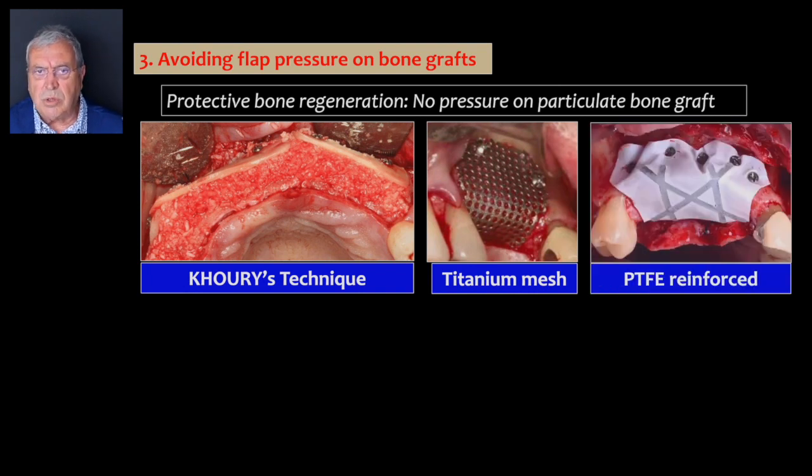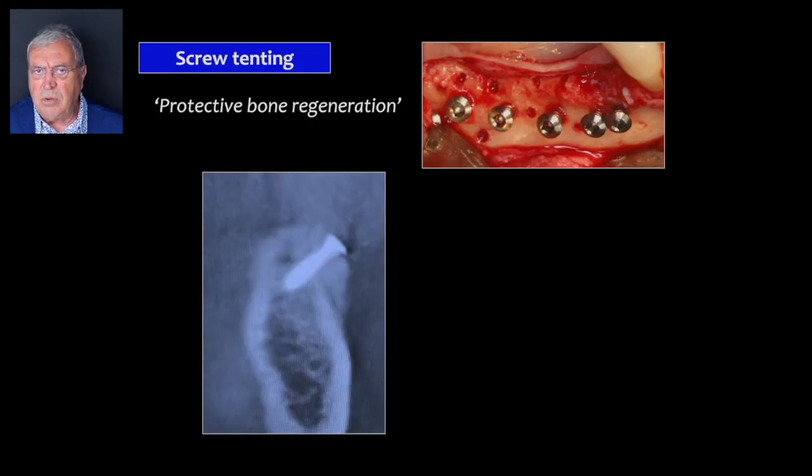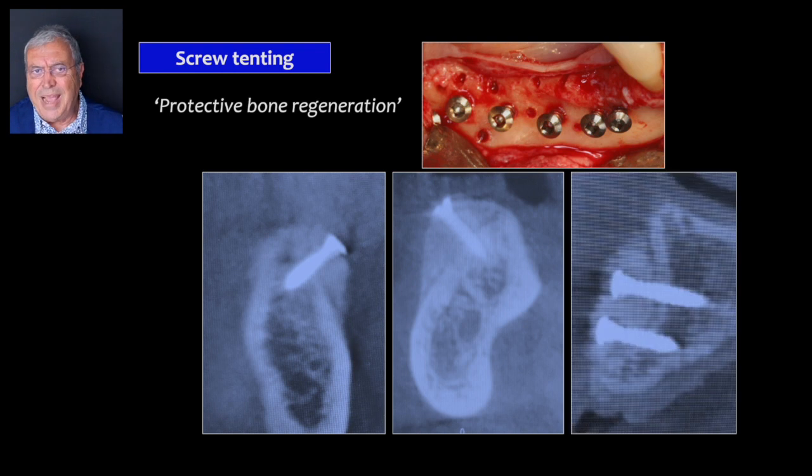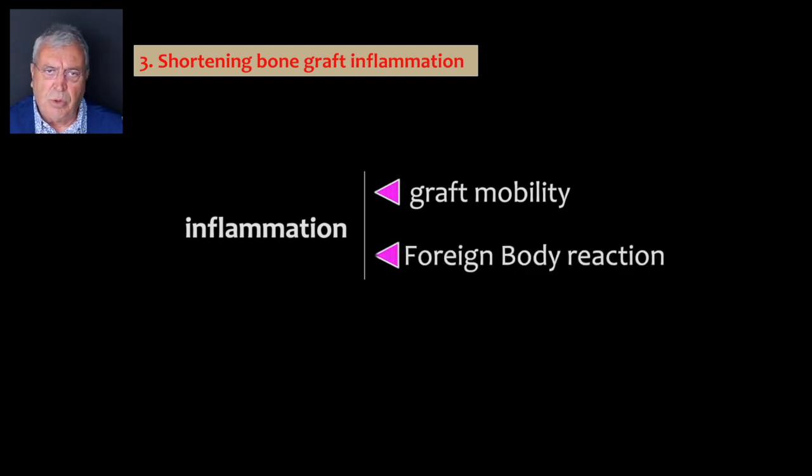When we use screws or when you use mesh, we can do it very simply by screws. And this is how we can maintain the volume, because we remove the pressure by the screws. We need to shorten the inflammation, which is coming from two origins: the graft mobility and the foreign body reaction.